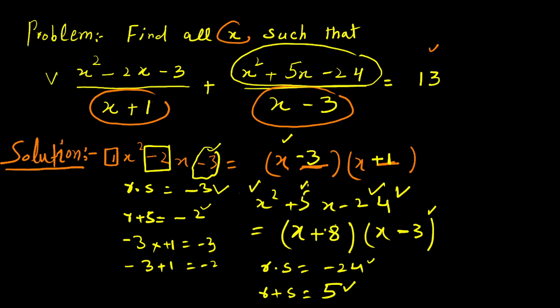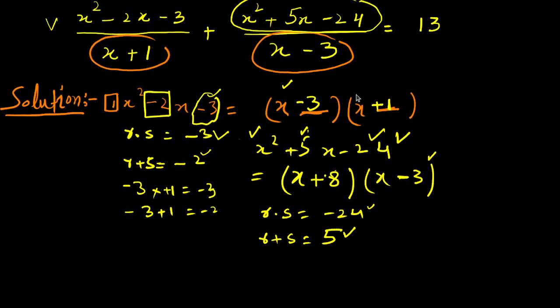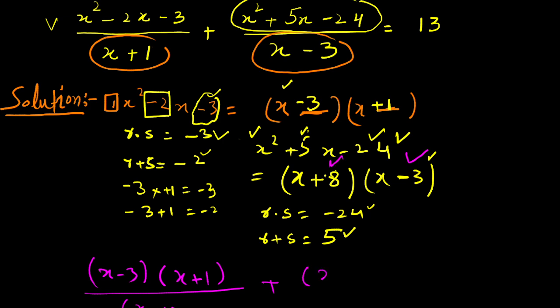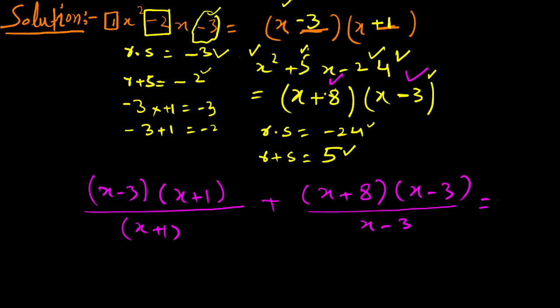You can see here, replace your quadratics by these binomials: x minus 3 times x plus 1 divided by x plus 1, plus, on the other hand, x square plus 5x minus 24 will be replaced by x plus 8 times x minus 3, divided by x minus 3. Okay, which is equal to 13.